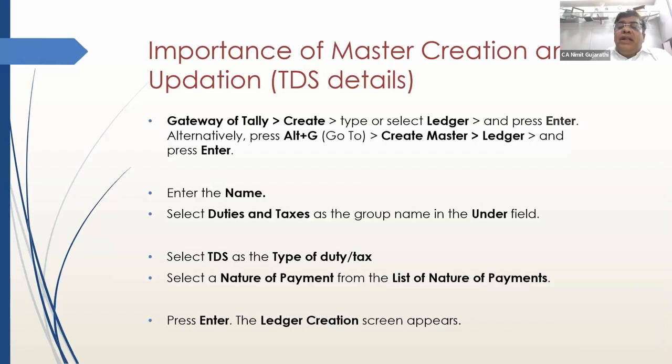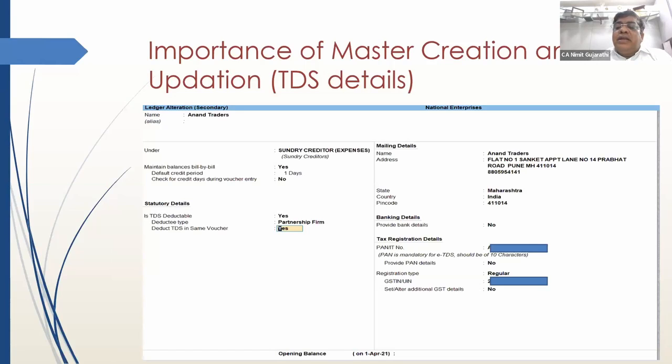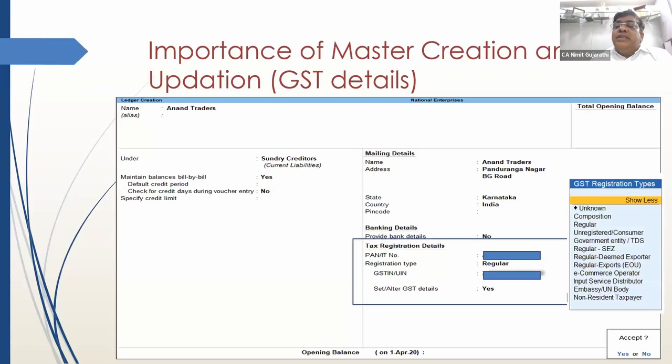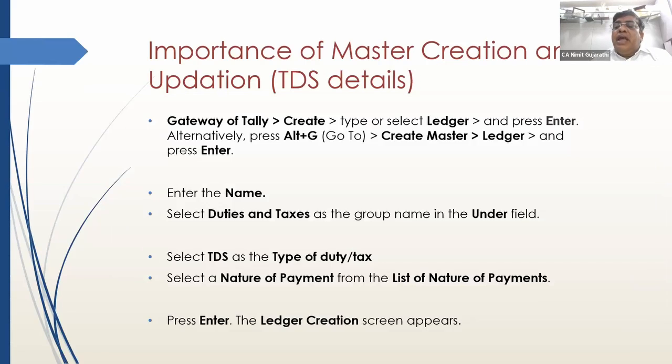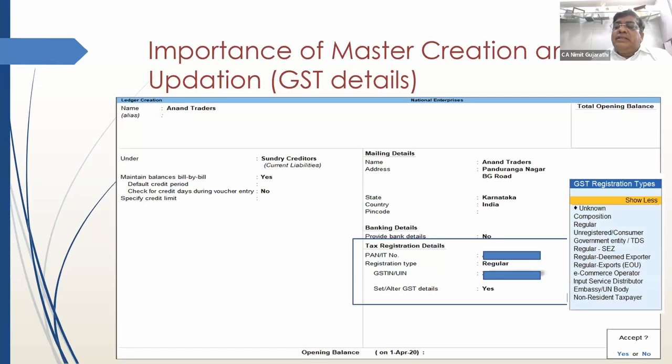Now the same thing applies to TDS masters. You need to ensure that the TDS master and the PAN are proper. Otherwise again the same reporting format issue will be there. This is the TDS ledger or the sundry creditors ledger where you need to activate the TDS details. Once again, just to revise, the GST master and the TDS master, both screens are the same.